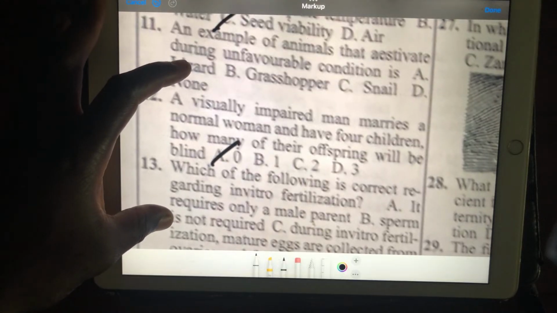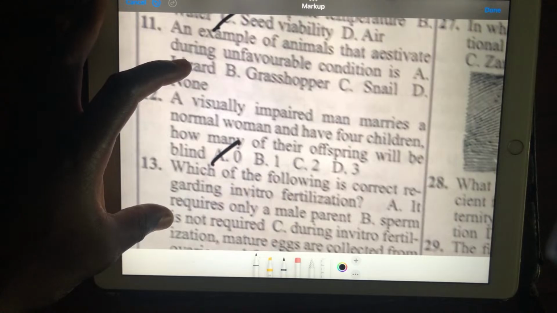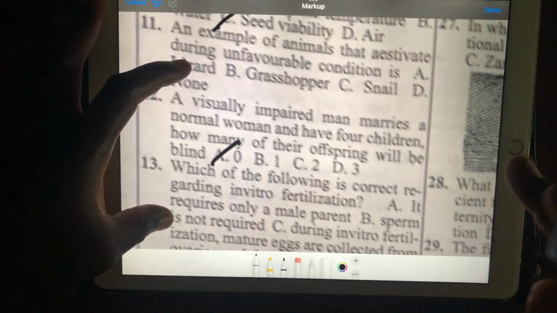So, being visually impaired, although the question is ambiguous anyway, when they told us 4 children, we should even think of color blindness because they did not mention the sex of the children. If they were specific about the sex, we can now go back and think of the so-called sex links, like I told you. Remember, hemophilia is not the only sex link character. But here, they just said 4 children.